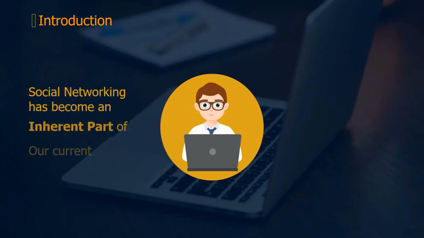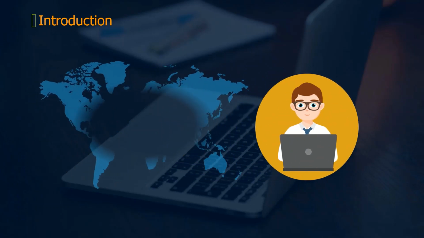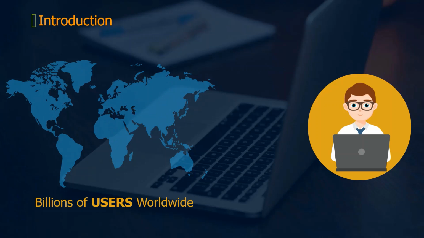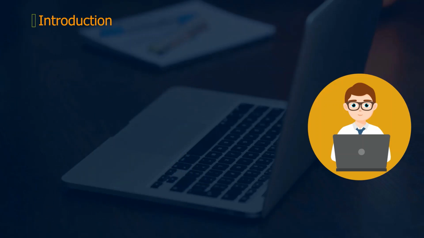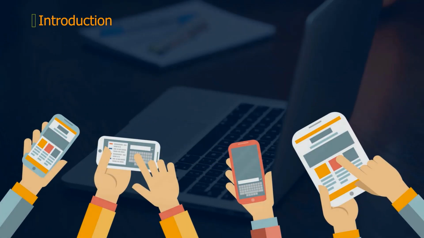Social networking has become an inherent part of our current digital lives, and is used by more than 1 billion people worldwide. The popularity of social networking sites has increased at astonishing levels. It allows people to share ideas and interact with others.